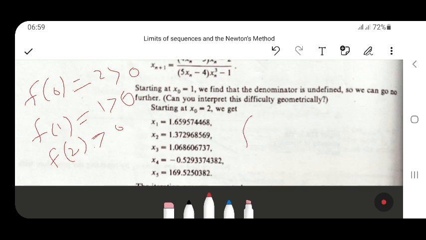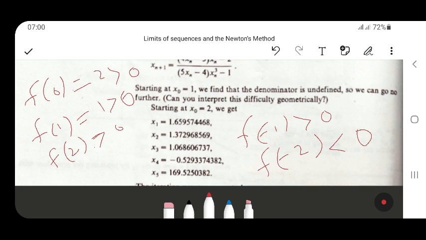Let me find out what f of minus 1 is. f of minus 1 is minus 1 raised to 5 minus 1 raised to 4, so minus 1 plus 1, so plus 2. So again greater than 0. But f of minus 2 will be less than 0.